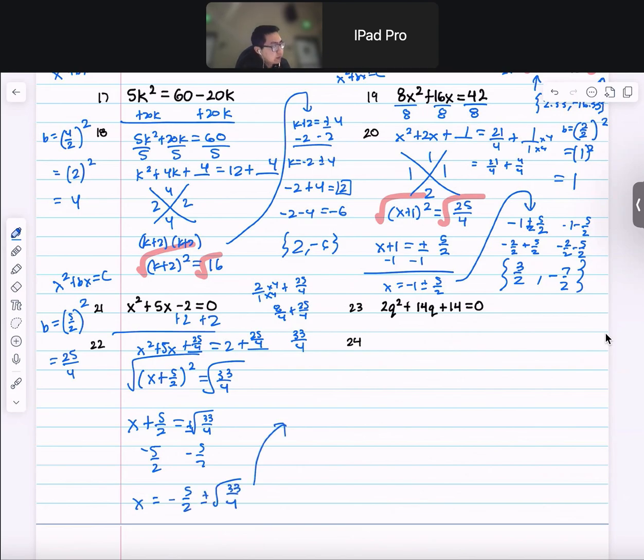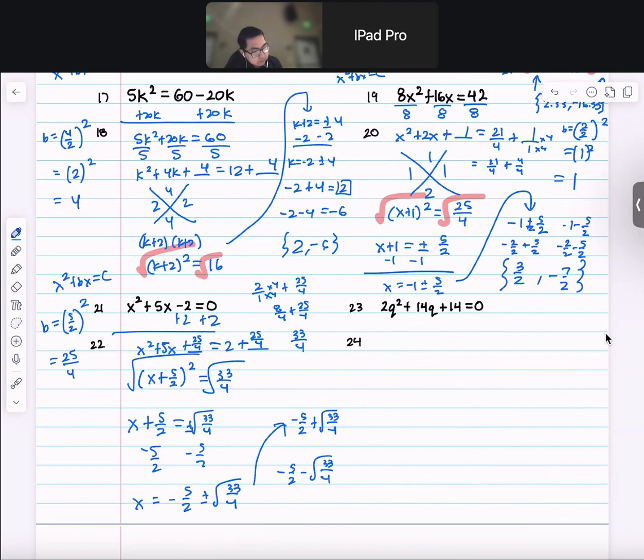So I'm assuming you round this to the nearest hundredths. We will have two options: negative 5/2 plus rad 33/4, or negative 5/2 minus rad 33/4.